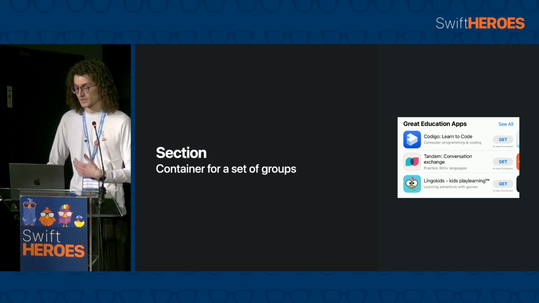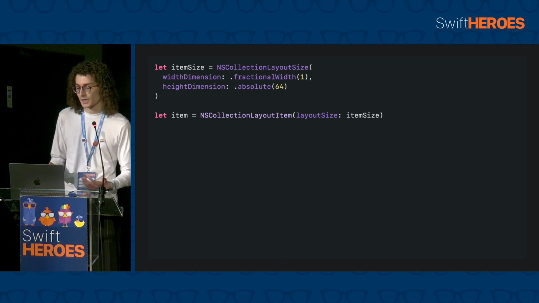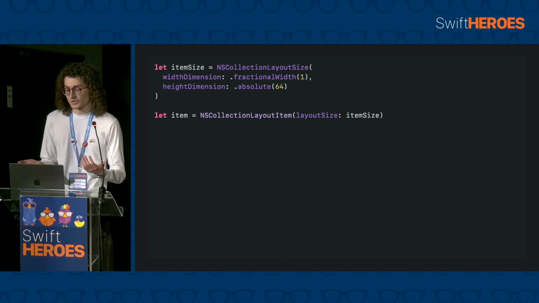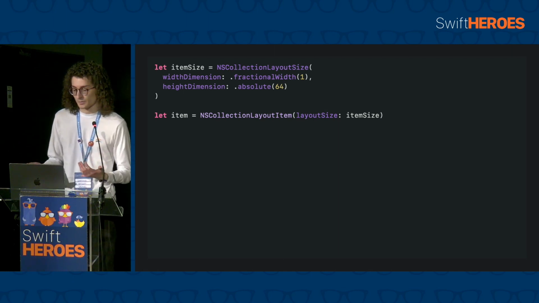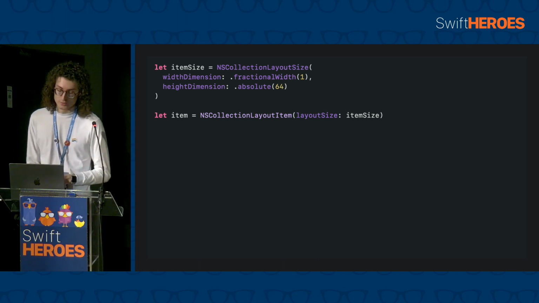So now that we've introduced the basic elements of a compositional layout, we can finally dive into code, and we'll create our items first. But before we can do that, we actually need to specify the layout size of our items. And layout size obviously determines the size of the item in our layout. And its dimensions are expressed through layout dimensions, which is also a new type in compositional layout.